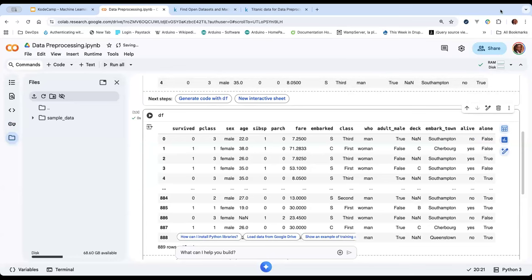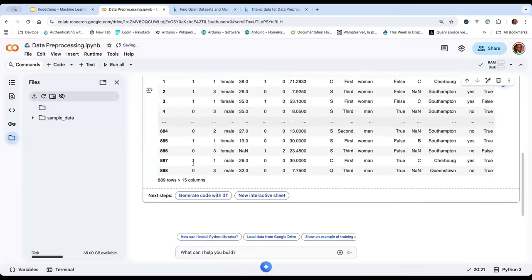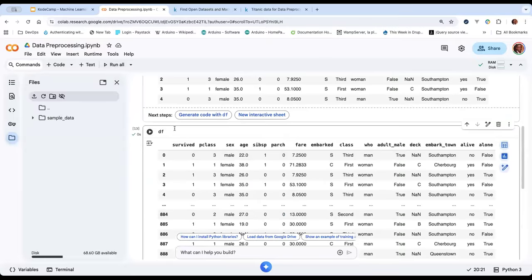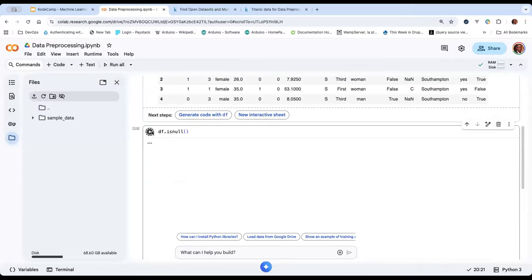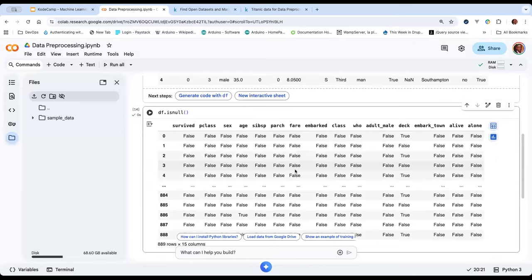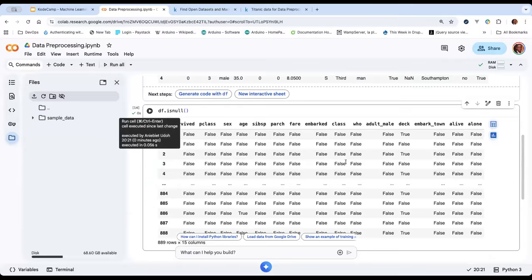Now, if we want to find the ones that do not have anything in them, there is pandas dot is null. It's normally a mask that tells us whether you have a null value.